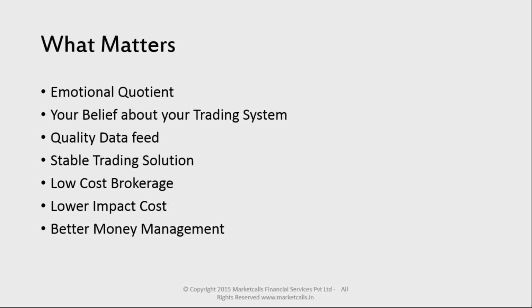The more you understand the nature of your trading system, the better you will be able to handle it emotionally, and you need to have a strong belief that the system will make money in the longer term.